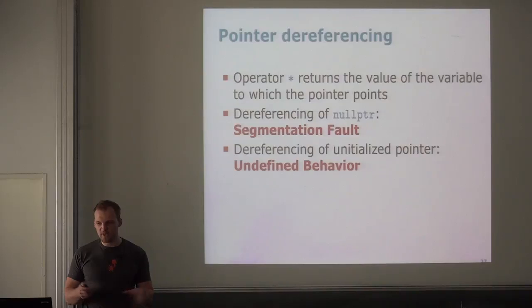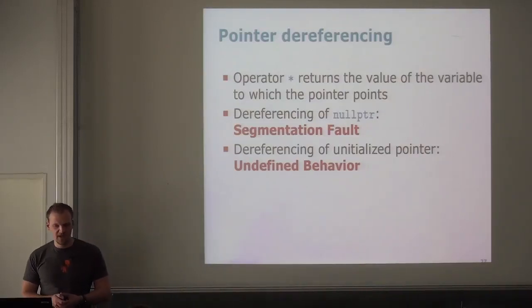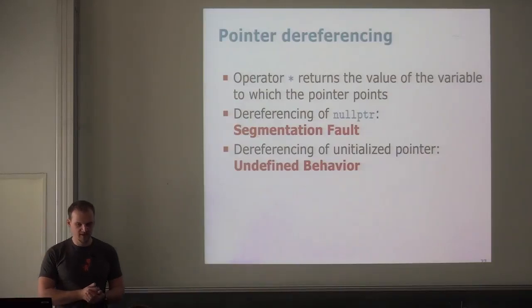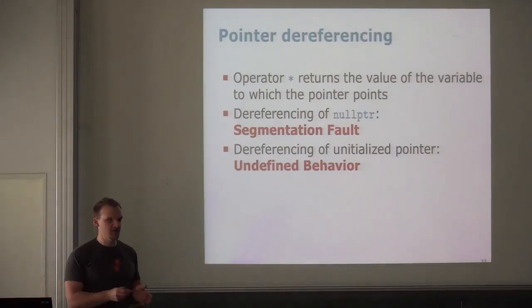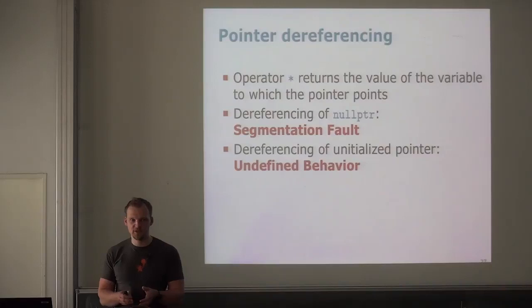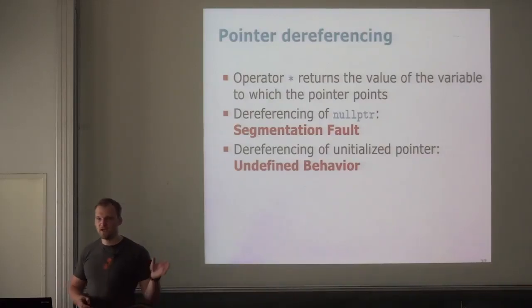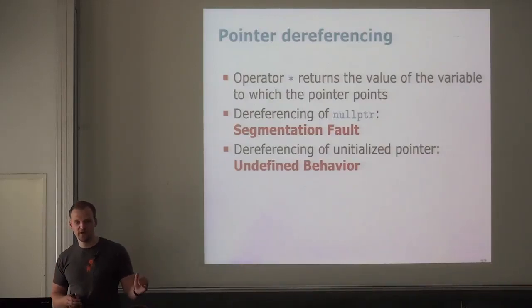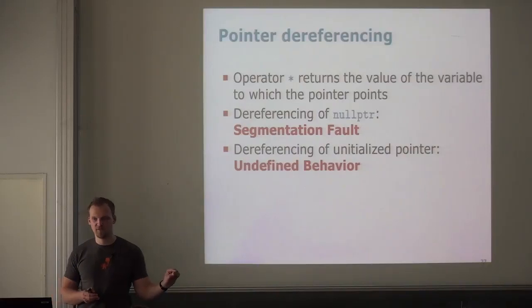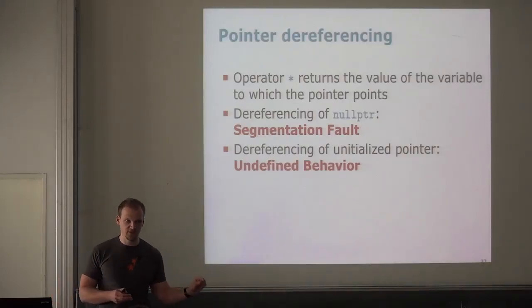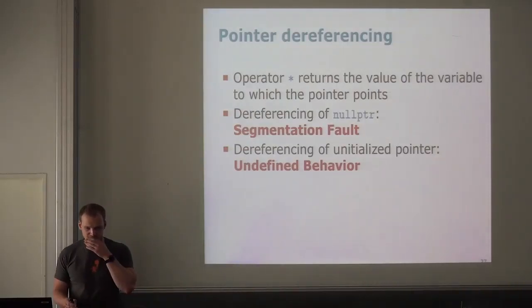I think I will have a bunch of examples later. And the thing to remember here is that whenever you try to dereference a null pointer, you will get a segmentation fault. And your program will stop running, and it will write you segmentation fault. Whenever you see segmentation fault, it means that you've tried to dereference a null pointer. It's as simple as that.